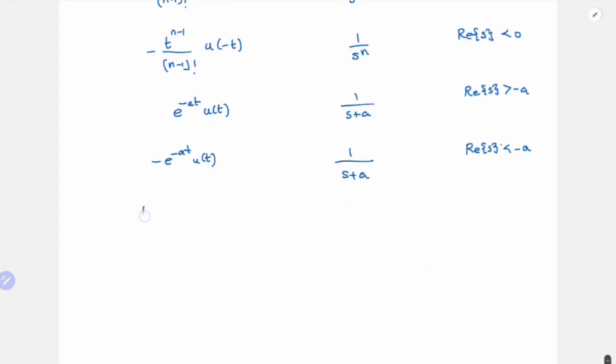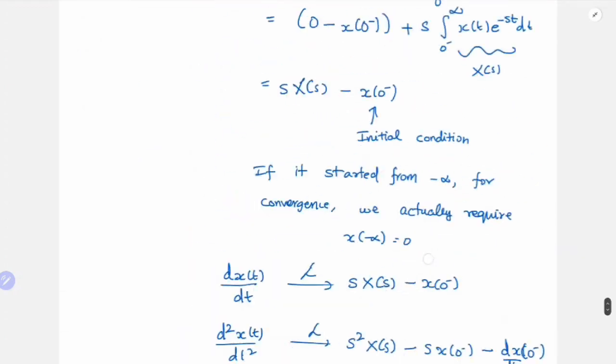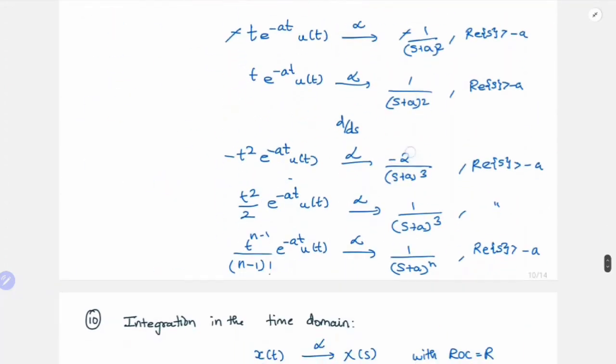Then we can have t power n minus 1 by n minus 1 factorial e power minus at u of t. This is nothing but multiplication by a factor of e power minus at. If you go back and see, it is nothing but the property of shifting in the frequency domain.